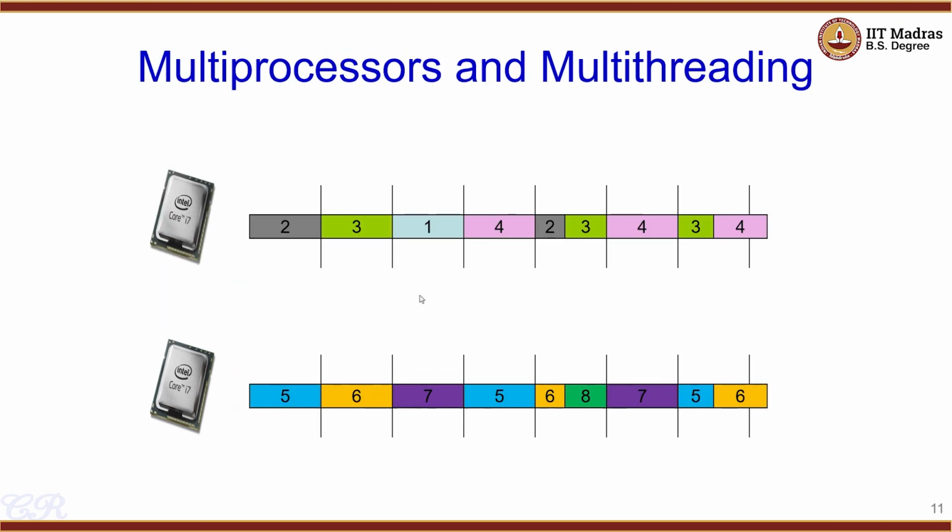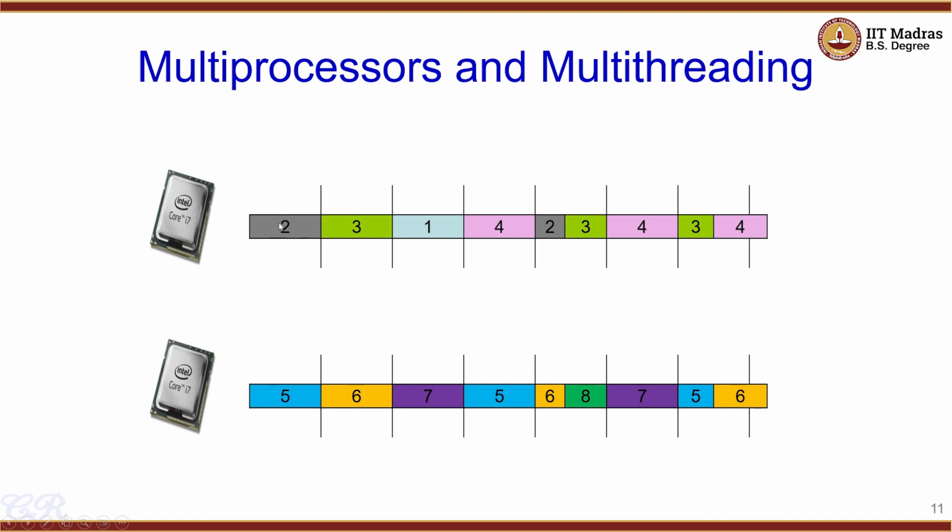So here is an example of multiprocessors with multi-threading. What we see over here is that on each processor core, you have time slices, and your OS decides which application should run in a time slice on a specific processor core. Here for instance, we have two cores, and therefore, at any given instance, you could have two applications running in parallel.